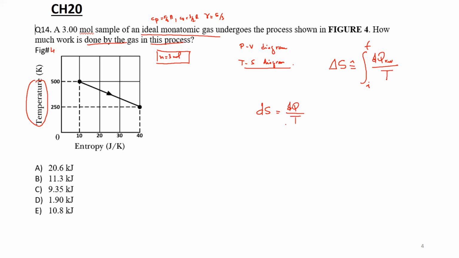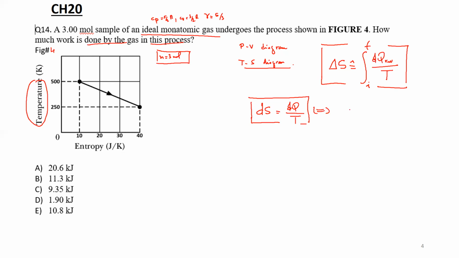Do you agree with this? Yes, this is the integral form, and this is the differential form here. Integral form, the macroscopic change in entropy. This is the element of entropy, okay? Differential form, integral form.